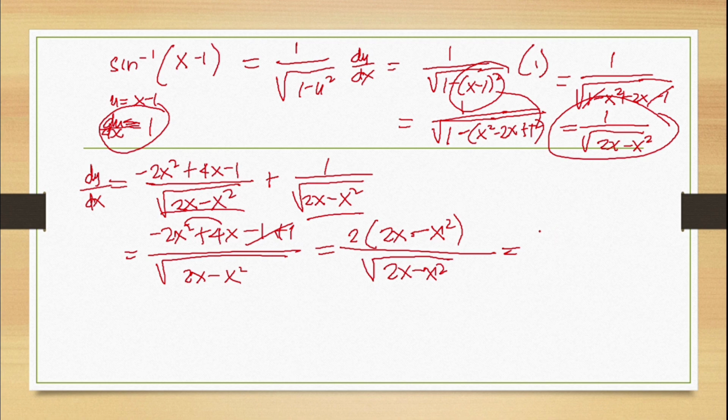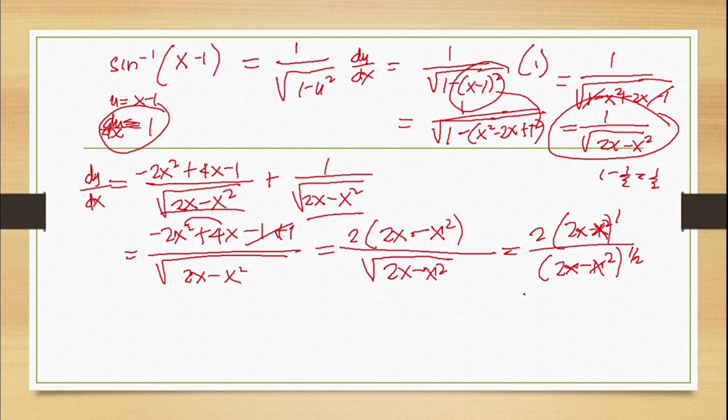We can express this as (2x minus x squared) raised to 1, over (2x minus x squared) raised to 1 half. Same base here, so 1 minus 1 half is equal to 1 half.